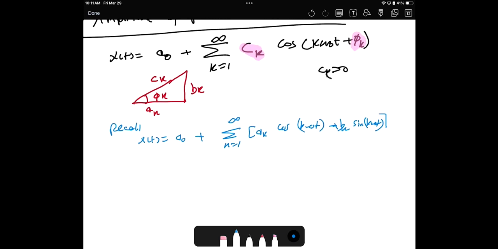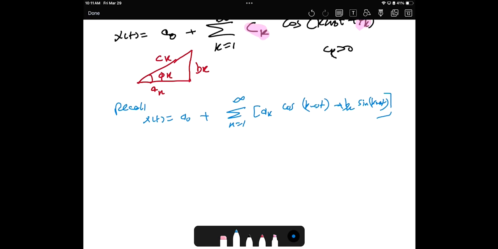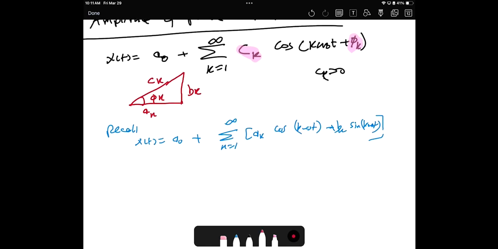So how can we find c k, or what's the relationship between c k, phi k and a k, b k? Basically, these two terms are equal to each other.